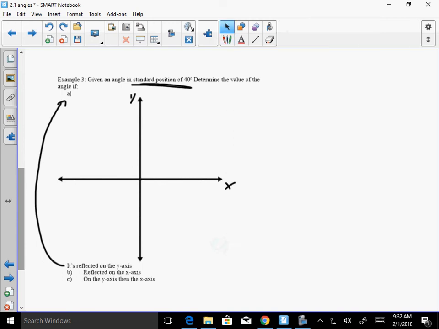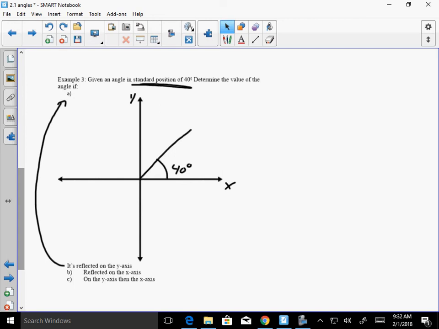Okay, so I'll draw the beginning one. Standard position of 40 degrees. So there we go, 40 degrees. Reflections are just mirror images off of one of the axes. If I held a mirror up to the y-axis, it's going to flip it over onto the other side.